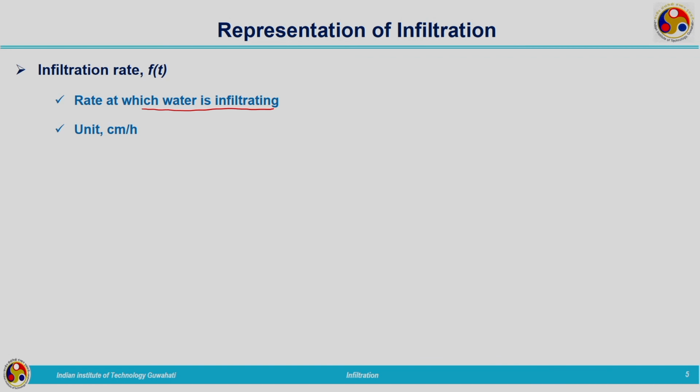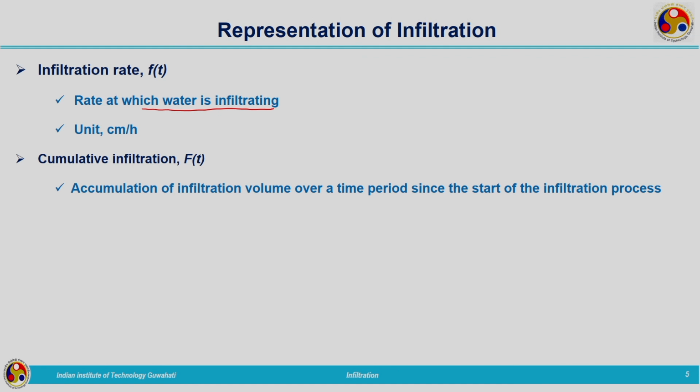The second way of representing infiltration is by means of cumulative infiltration. Cumulative infiltration is denoted by capital F of t. Usually capital F is the letter used for representing cumulative infiltration. Cumulative infiltration is the accumulation of infiltration volume over a time period just after the start of the infiltration process.